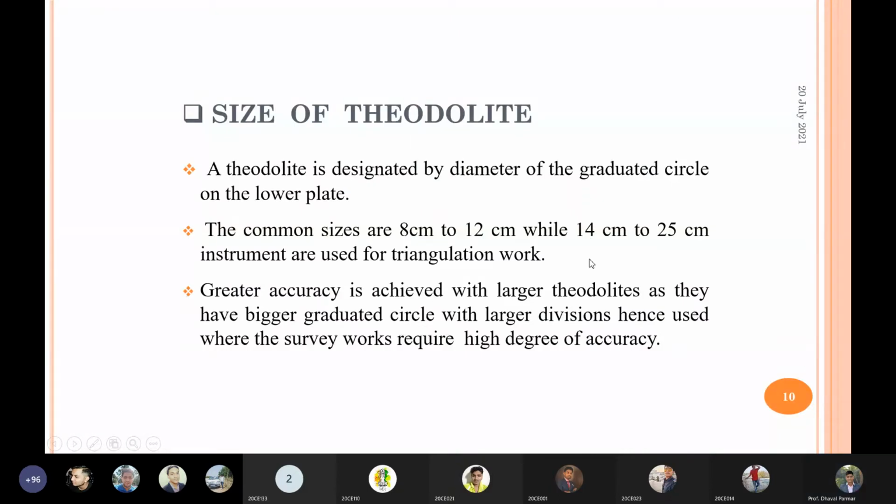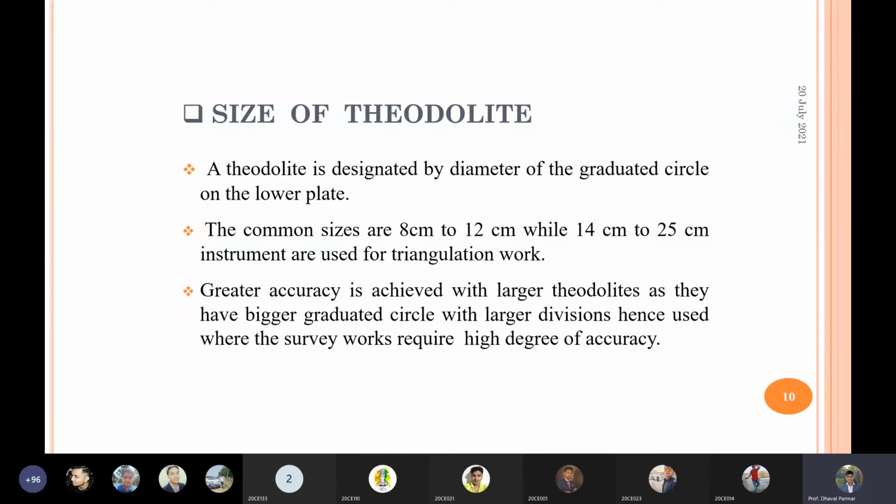So here is the size of a theodolite. A theodolite is designated by the diameter of the graduated circle on the lower plate. The common sizes are 8 centimeter to 12 centimeter, while 14 centimeter to 25 centimeter instruments are used for triangulation work.